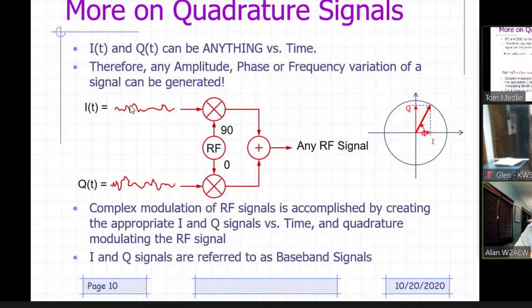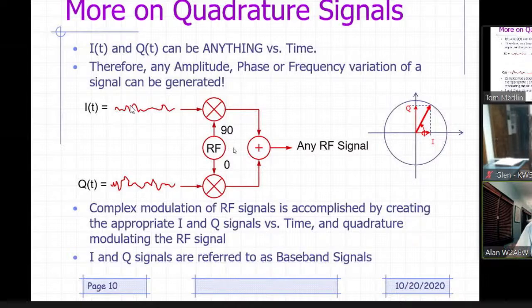So the more important aspect here is that the I and Q signals can literally be anything versus time. They don't have to be just plus 1 or minus 1. They can be really any analog voltage of some sort.